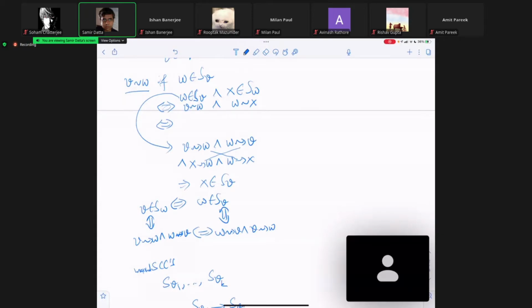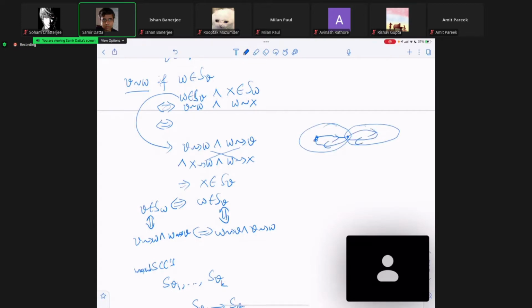Yes, sir. Another way to see it is that suppose two SCCs have a vertex in common. Then you can reach any vertex from here to here and vice versa, and you can reach any vertex from here to here and vice versa.